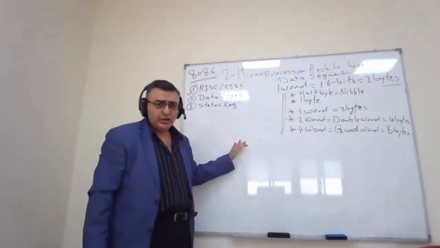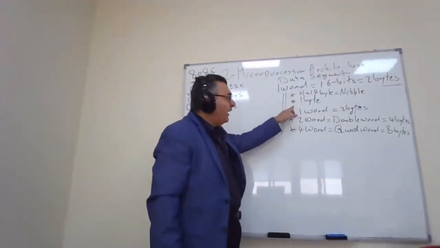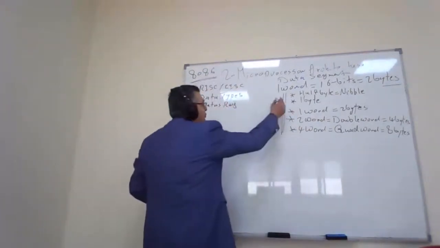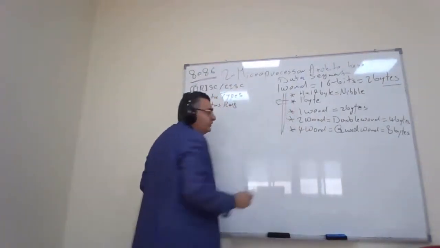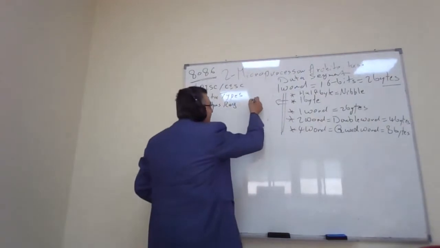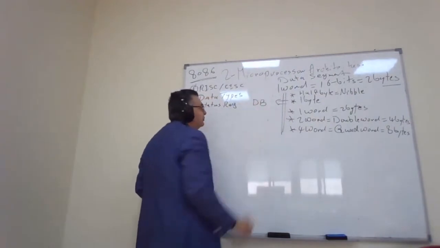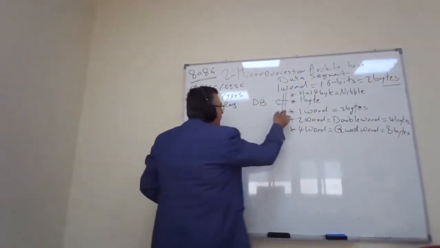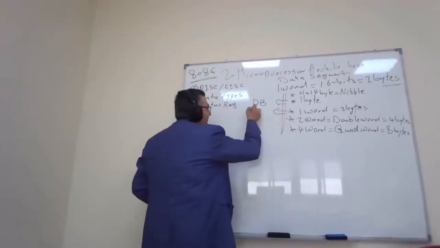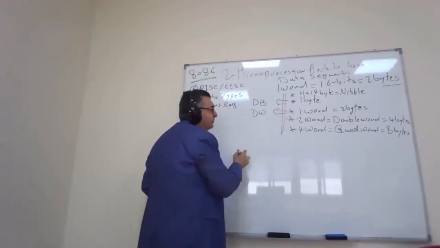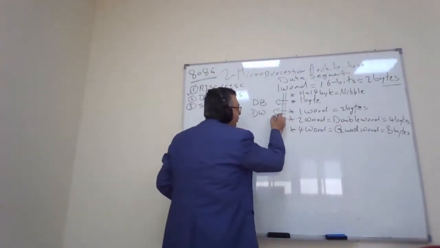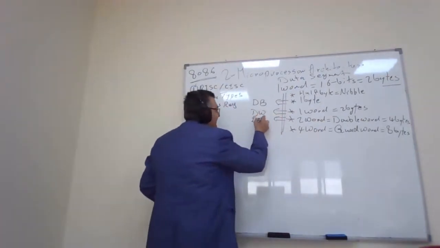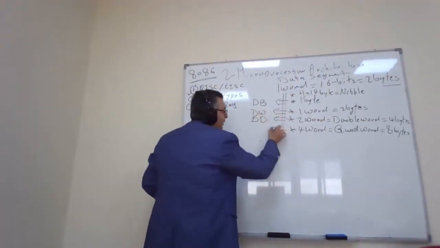Here, in order to write the code, I'm defining a byte. So in order to define a byte, I will use DB. To define a word, I'm using DW. To define a double word, I'm using DD, define double.